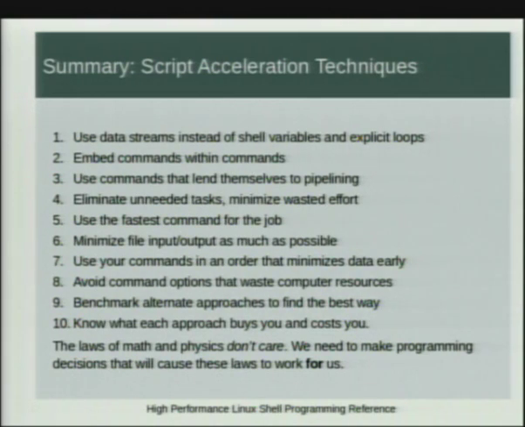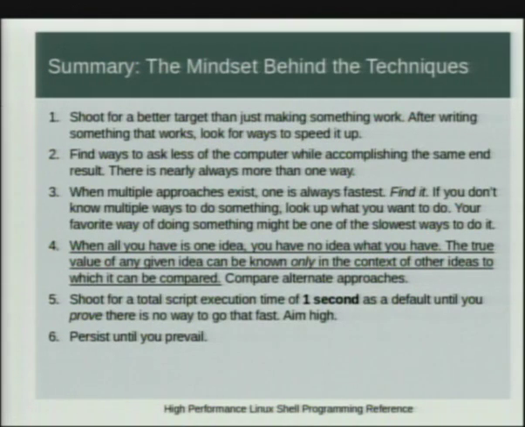The laws of math and physics don't care. We need to make programming decisions that cause these laws to work for us. After we get something that works, we need to look for ways to speed it up.